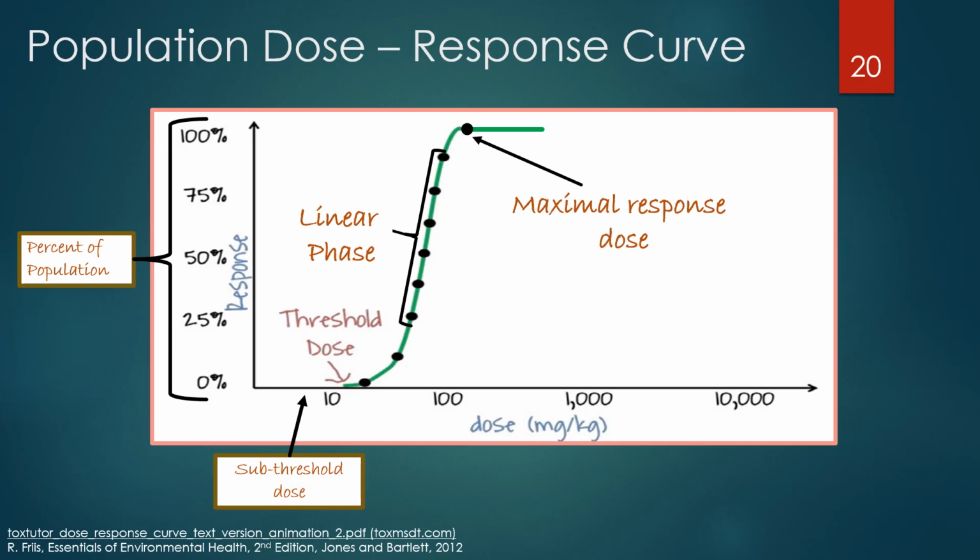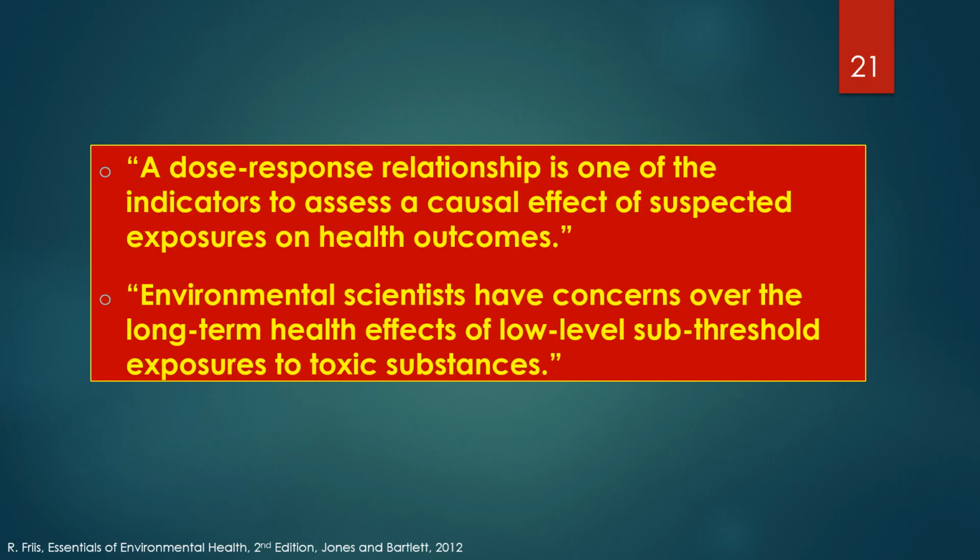As previously mentioned, a dose-response relationship is one of the indicators to assess a causal effect of suspected exposures on health outcomes. Environmental scientists have concerns over the long-term health effects of low-level subthreshold exposures to toxic substances.